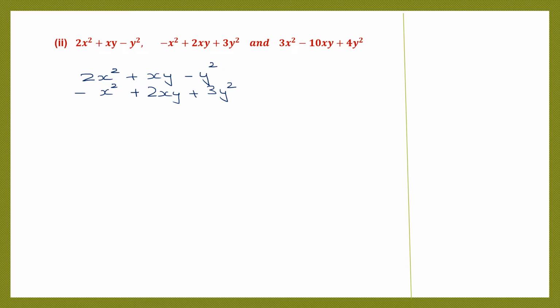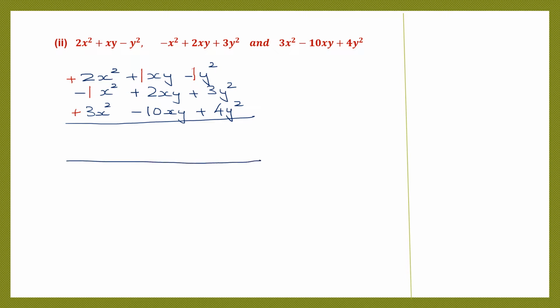Last one is 3x square minus 10xy plus 4y square. So let's arrange it all first and then we put the plus signs, and if there are numbers missing we do that. So here we can put a plus sign and here a plus sign. Then here we have 1xy, 1y square, 1x square. Okay, all the others have numbers. Now let's start working this out to find out the answer.